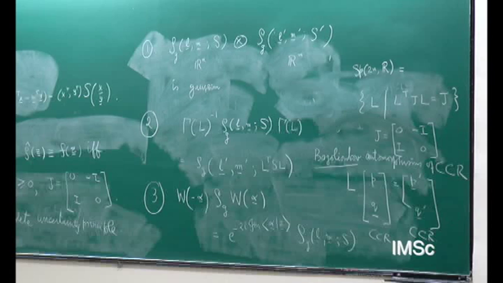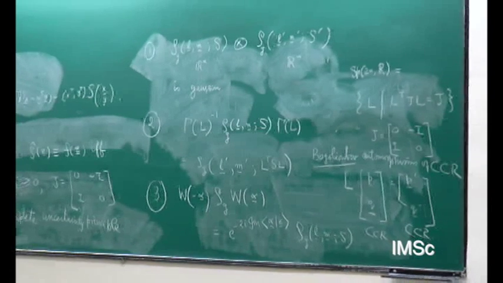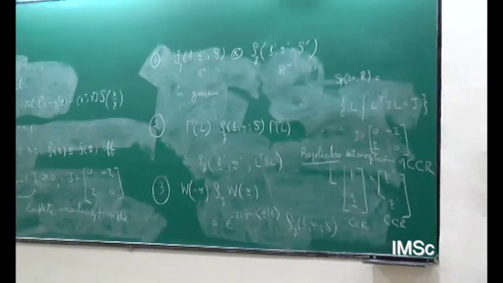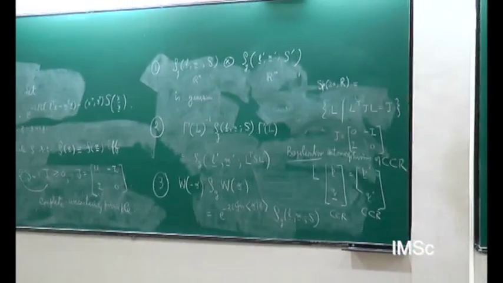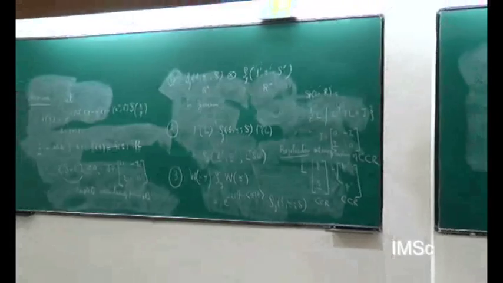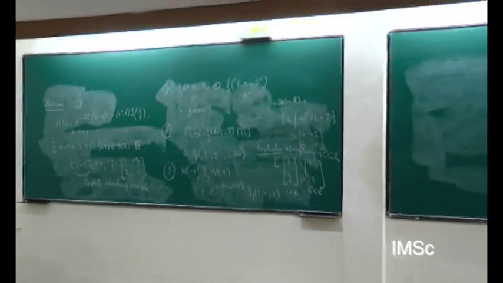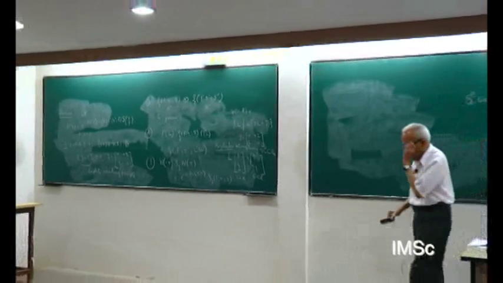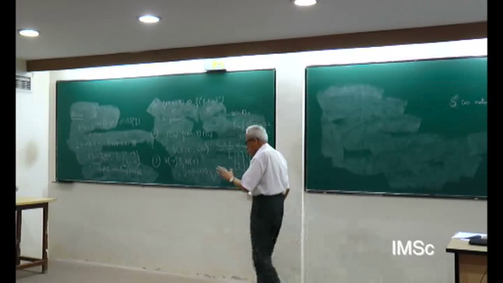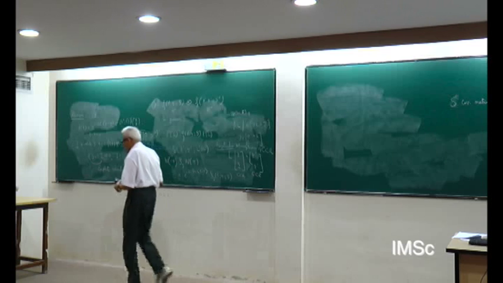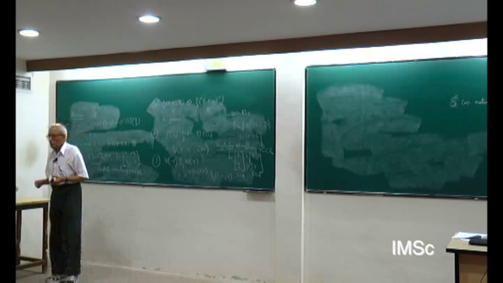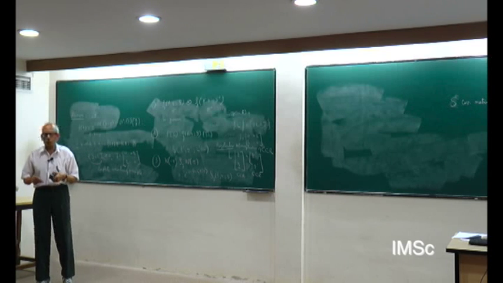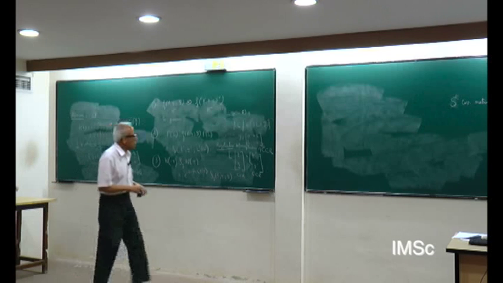Now, the fourth property, which is also very interesting, because all these calculations are very useful if you want to do what is called information theory in quantum Gaussian channels, right?